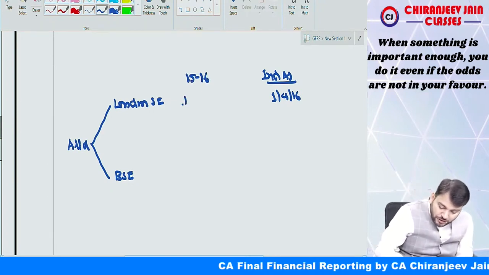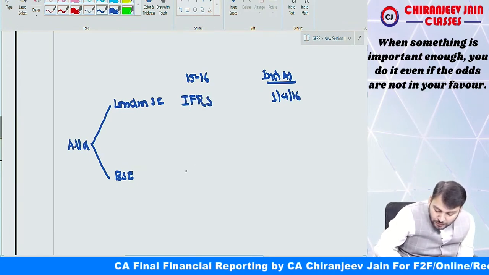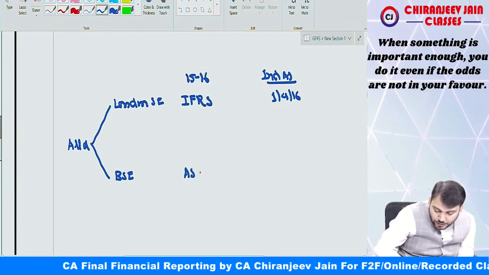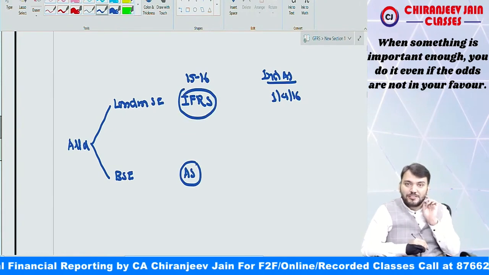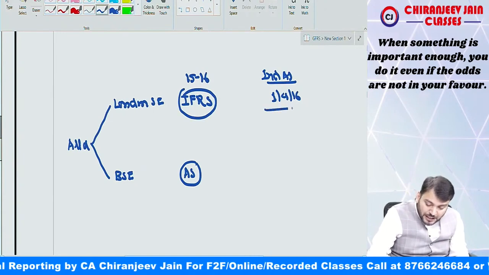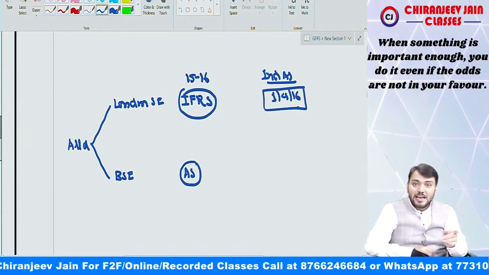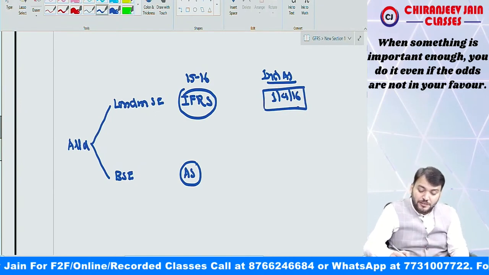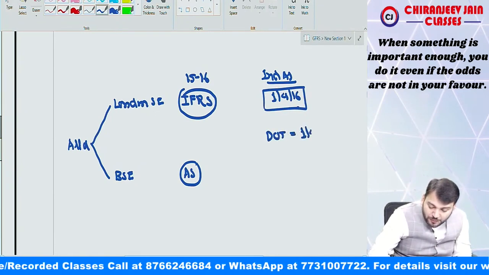One was based on IFRS and one was based on AS notified under the Companies (Accounting Standards) Rules, 2006. Correct. Now Ind AS is applicable from 1/4/2016, meaning the date of transition will be 1/4/2015.